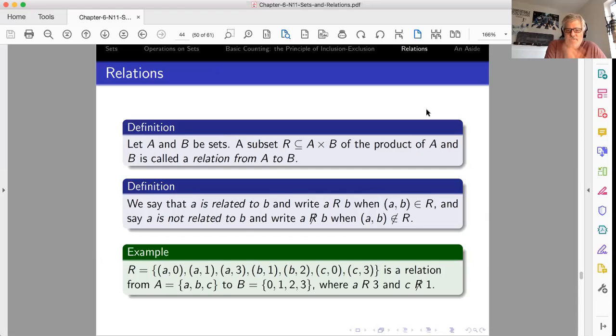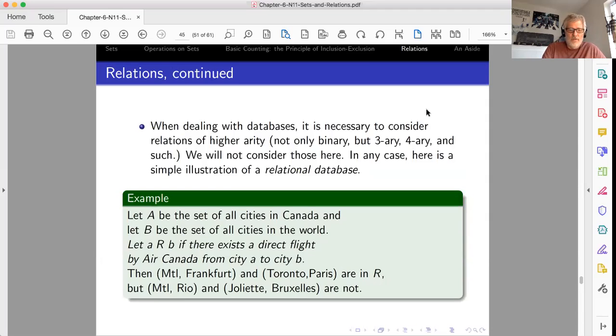It's just a bunch of pairs in A times B. So you see that a is related to 3 because (a,3) is in that relation, but c is not related to 1 because it's not in R as listed. It seems arbitrary, but it's an extremely useful concept. I'll try to show you a more concrete example.